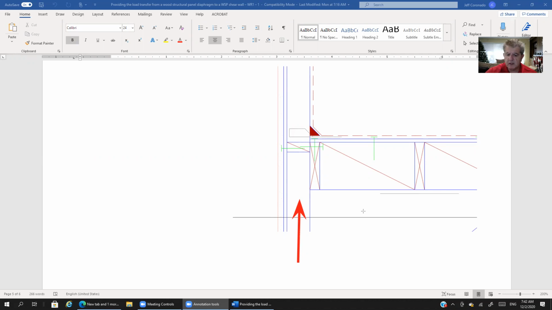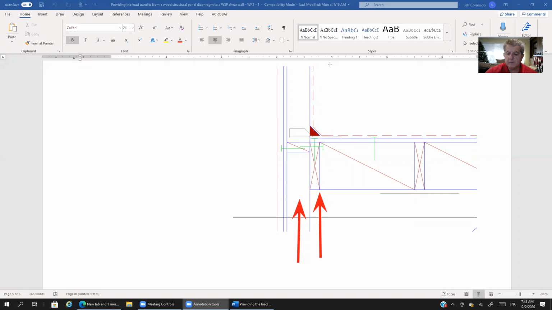Let's assume the stud is supported. And then here we certainly have a rafter. So the rafters are supported at each end. So really there's no vertical load that we're trying to transfer here. That would not be what your intuition should tell you these nails are here for.